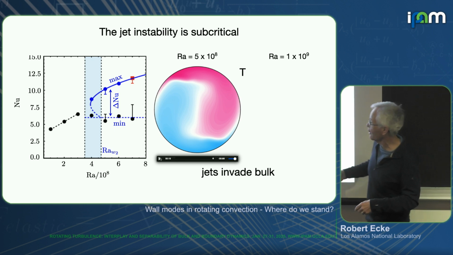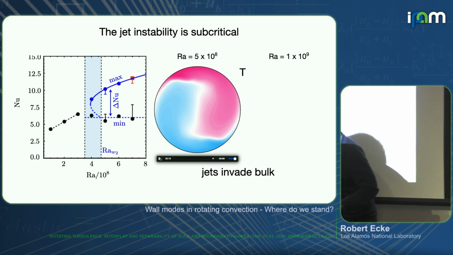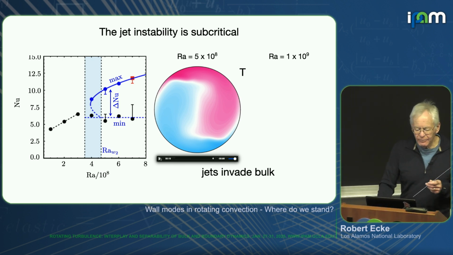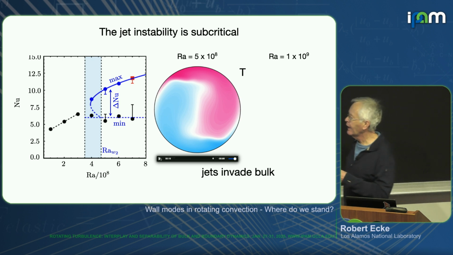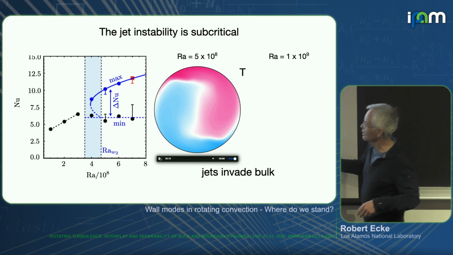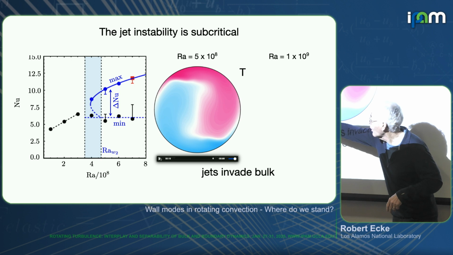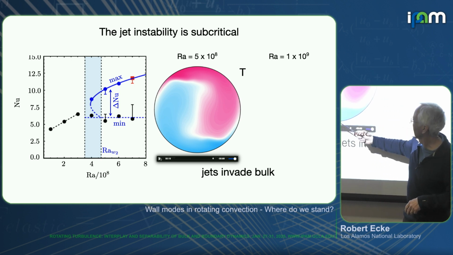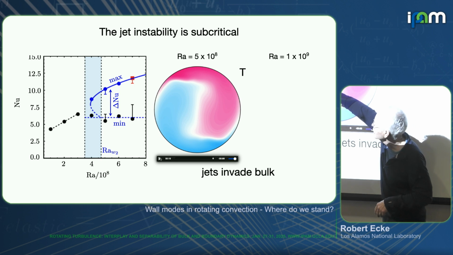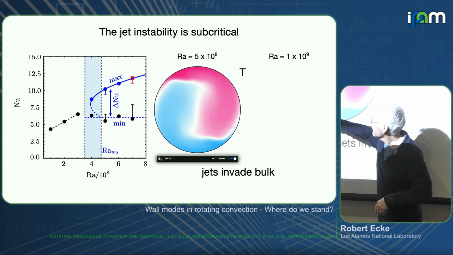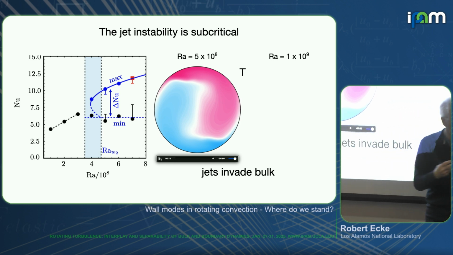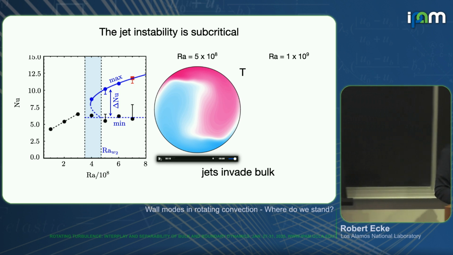And this starts right about here. We did some transient measurements of the heat transport, and what you could show is that the static wall state had this kind of heat transport, and the additional contribution, which is subcritical, was being contributed by this jet instability.